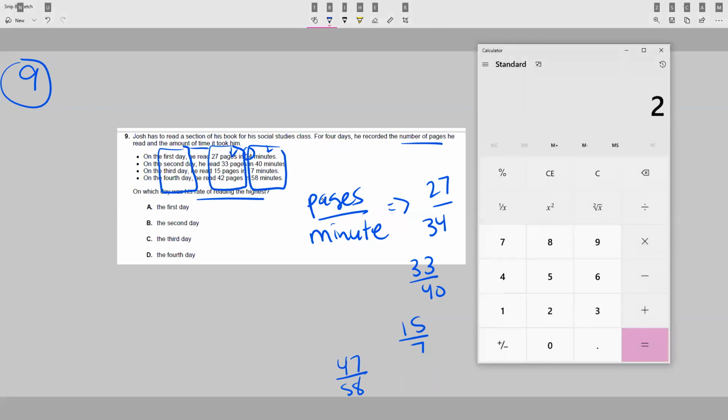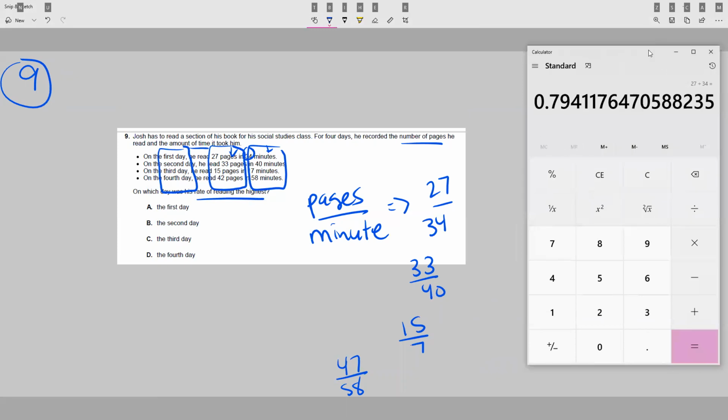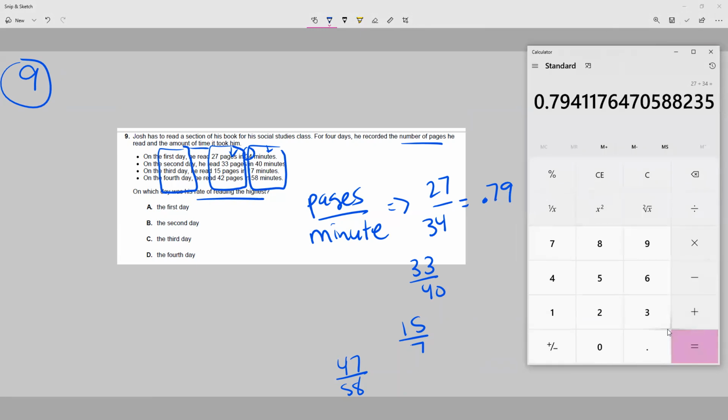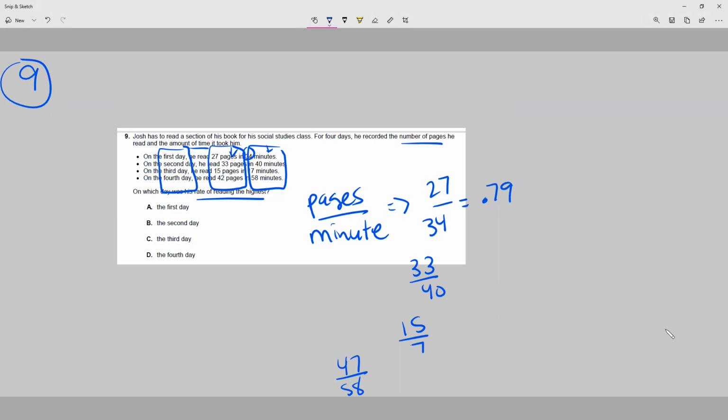All right, so 27 divided by 34 is 0.79. 33 divided by 40 is 0.825. 0.83, I guess we rounded.